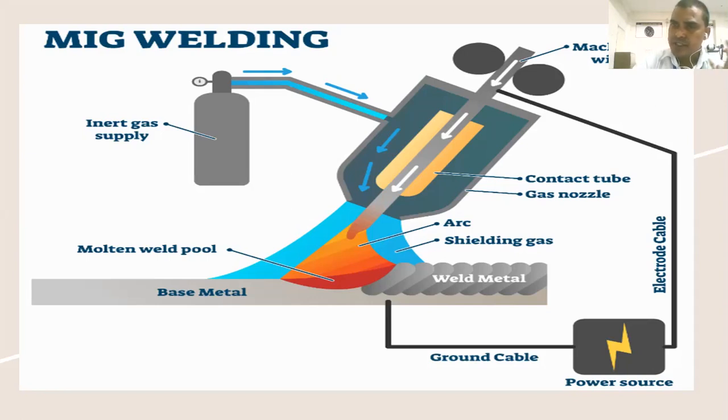In industry, in the pattern shop, you can see a die, and these dies are made with the help of MIG welding. So we have a lot of applications of MIG welding, and we can think how important MIG and TIG are during welding or fabrication work.